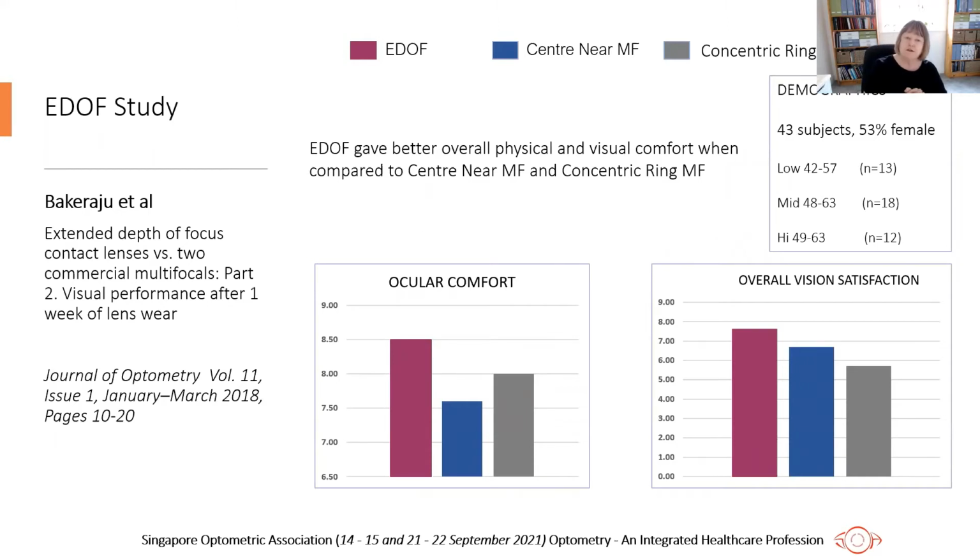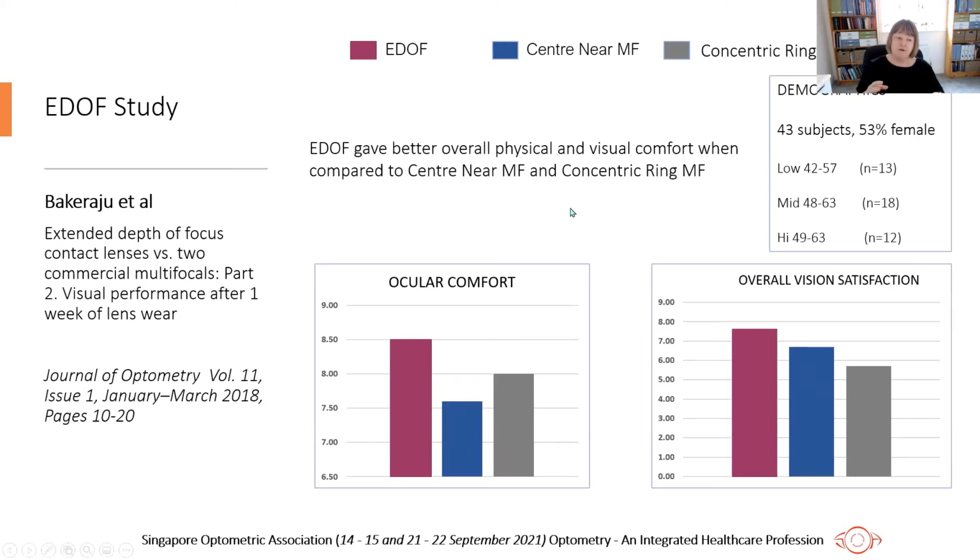Now, if you want to look at some peer-reviewed journals on this, I recommend this article here in the Journal of Optometry. It's in two parts, where you're looking at the EDOF lens design as designed by Brian Holden Vision Institute compared to two types of multifocals, a center-near multifocal and a concentric ring multifocal.